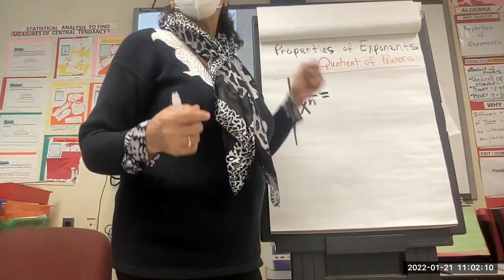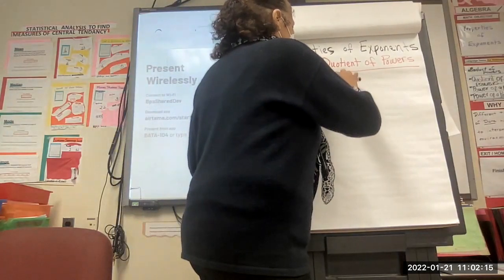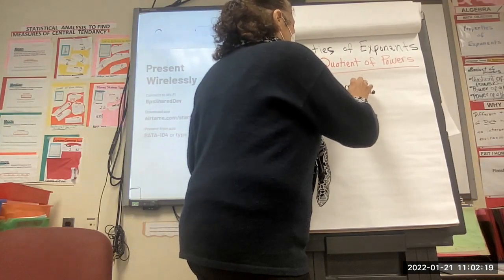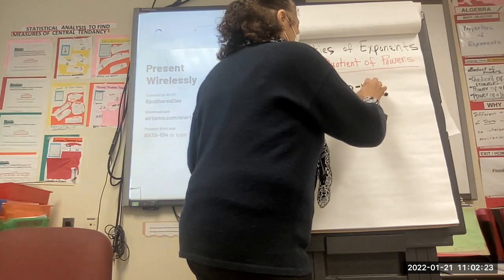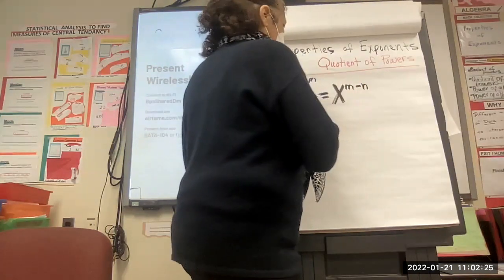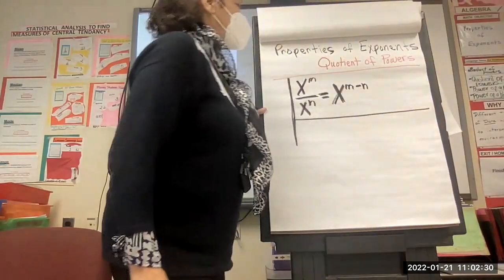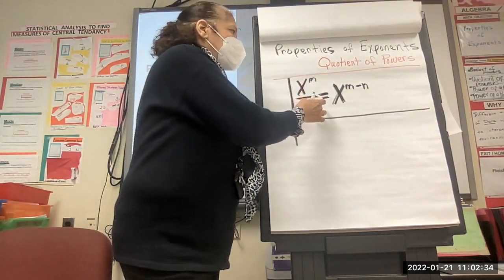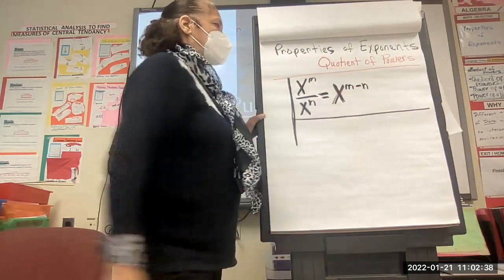We want to subtract. So the way this works is that the answer is x to the power of m minus n, because the powers say, we don't want to divide. We want to subtract. So when the problem does division with bases the same, the exponents subtract.